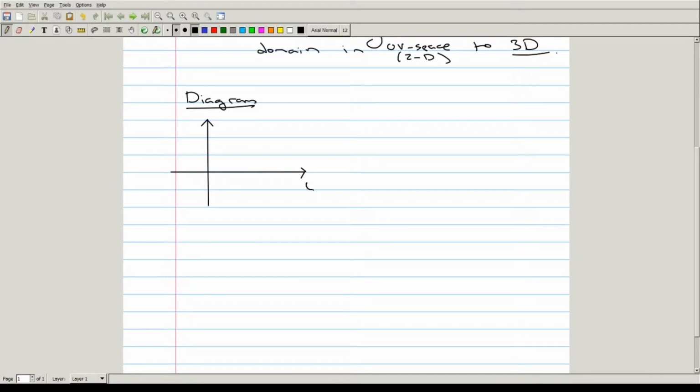Whenever we consider a surface that's parameterized by two separate parameters, u and v, these parameters are going to be coming from some domain D in UV space, and this is the domain of this surface mapping.